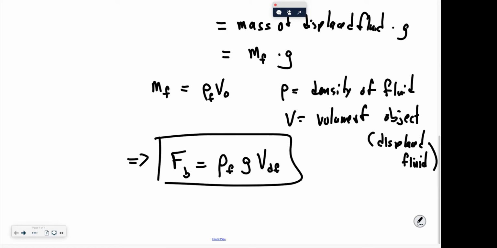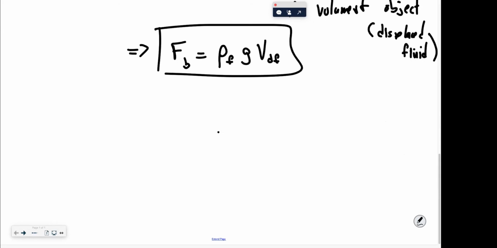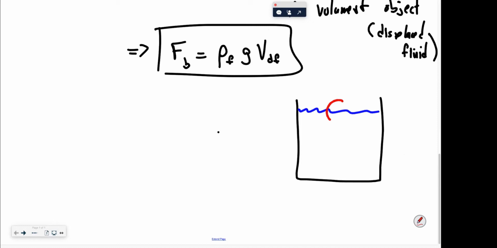Okay, so let's do an example. We've got a lake or a pool or a swimming pool or a cup, it doesn't really matter. And let's say we've got a Nerf ball that's half submerged in this fluid. So it's sitting at rest, in equilibrium, half submerged in the water.